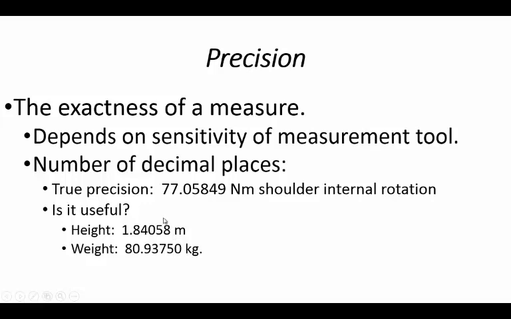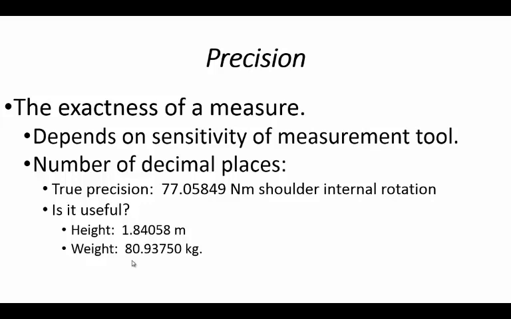So the question, is this useful? Is it important that I know that the person weighs 80.93750 kilogram? If I say that this person weighs about 81 kilogram, would this make a huge difference in the data? Probably not.